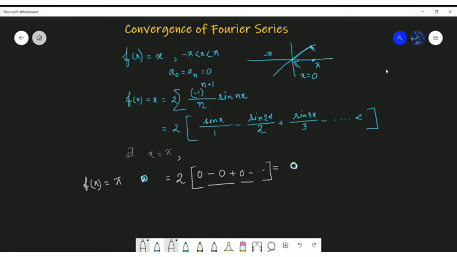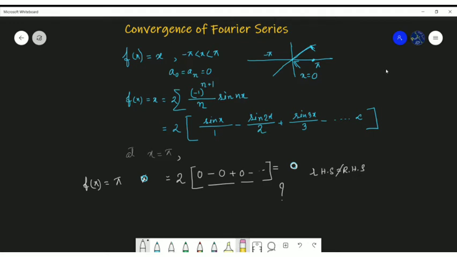So the same thing that happened in the previous case is not happening here. The left hand side and right hand side are not equal, so there is a problem. So what is the problem? To understand that we have to know the convergence theorem.